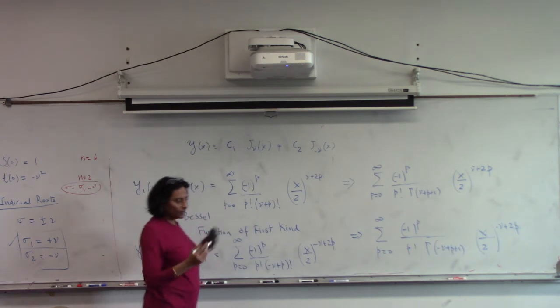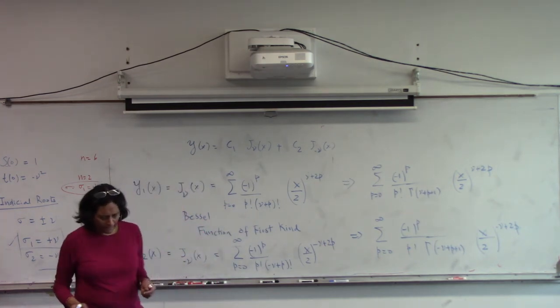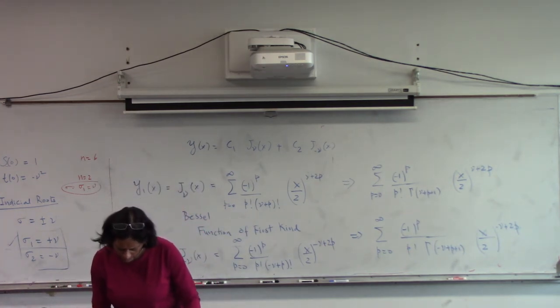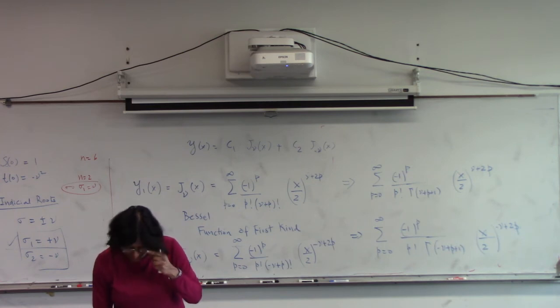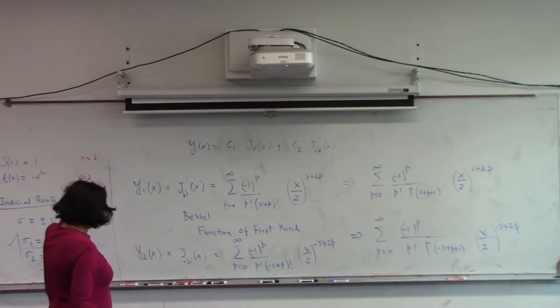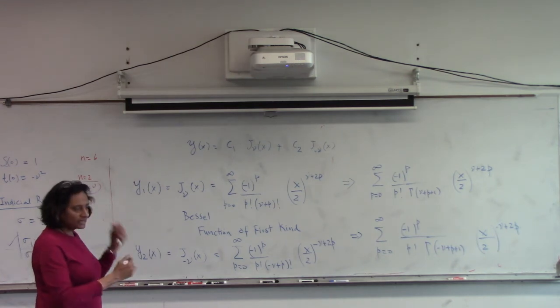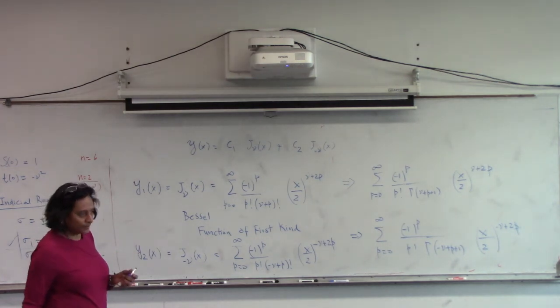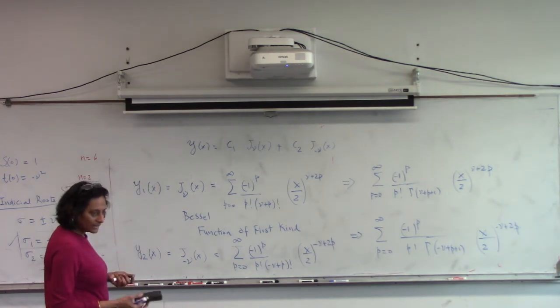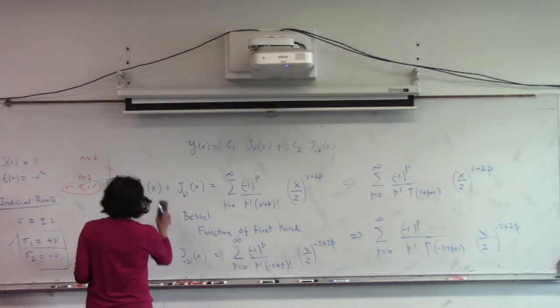Here I want to mention something. As usual, if nu in the Bessel function was an integer, the recursion relationship will break down, and so you get one solution but not the second, right? So there what you do is the following.